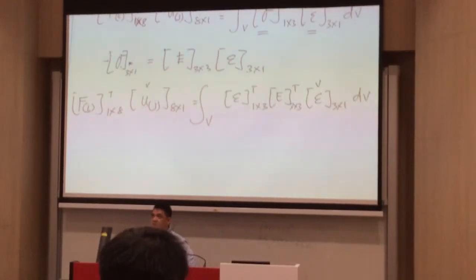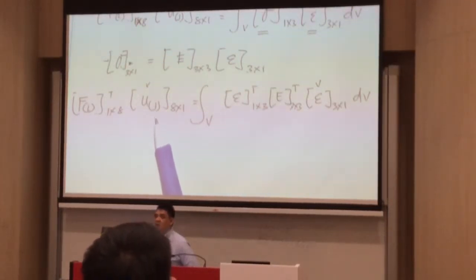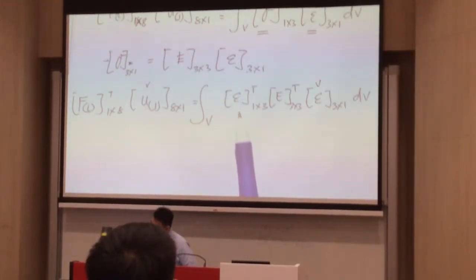So have a look. The next thing we want to know: this one here is a virtual displacement. We can change this one later, or substitute an 8 by 8 identity matrix. So the question now is this one and this one.